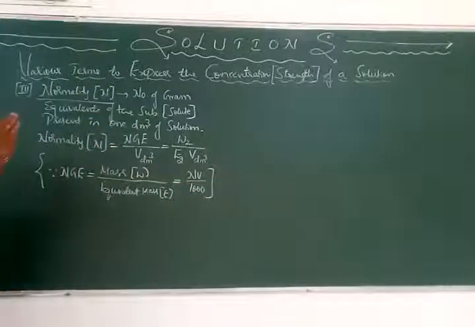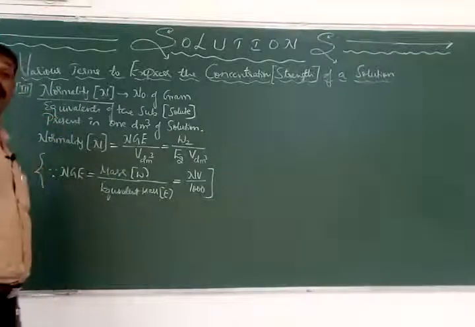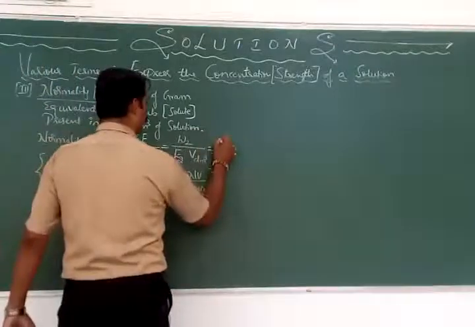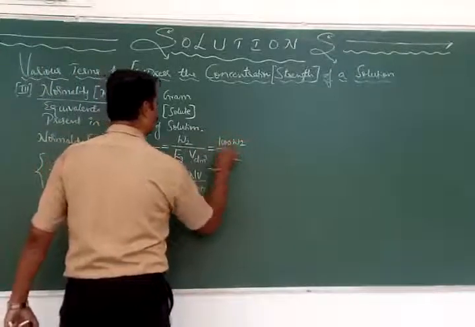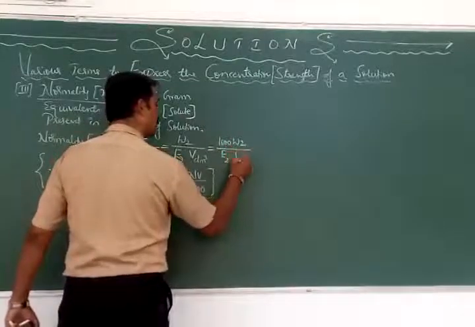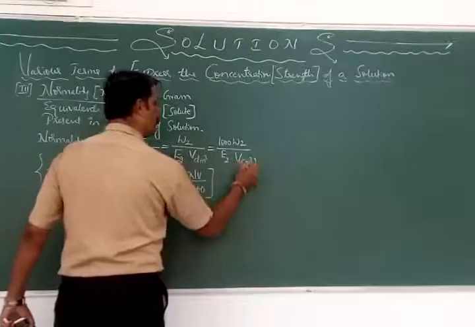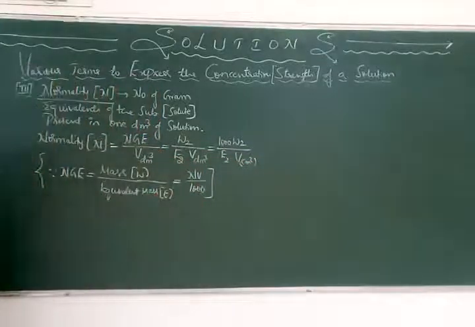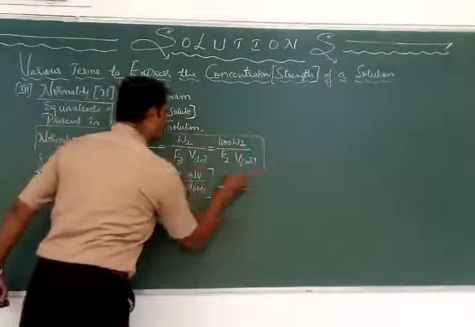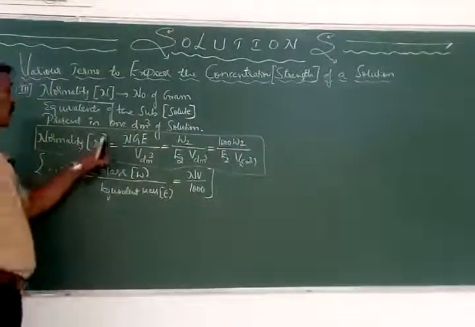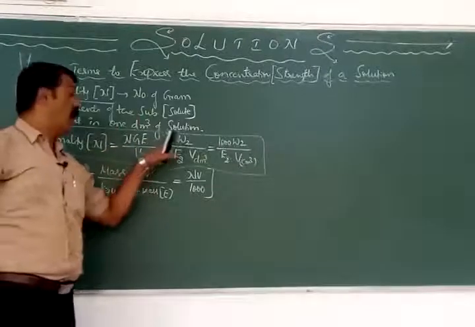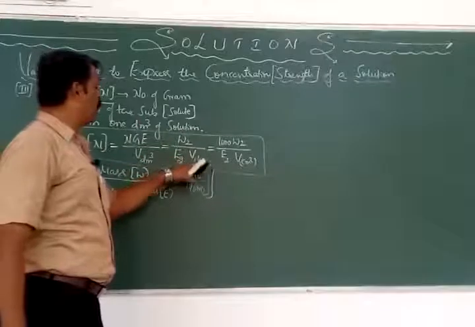Only when we are solving that one, we will get it in the form of normality into volume divided by 1000. This can also be equal to 1000 times W2 divided by E2 into V expressed in cm cube. Instead of dm cube, if we express it in cm cube, we have to include the 1000. Therefore, normality is equal to the number of gram equivalents divided by volume expressed in dm cube, or W2 divided by E2 into V expressed in dm cube.